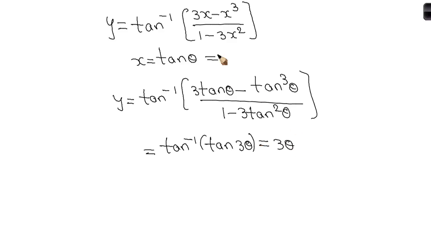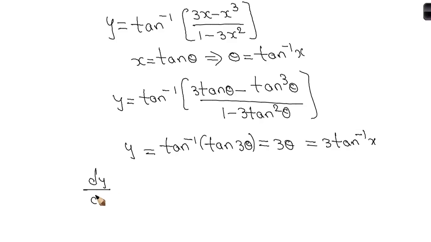It implies theta is tan inverse of x. So y is 3 tan inverse of x. Therefore, dy by dx is 3 times the derivative of tan inverse of x. That would be 3 by 1 plus x square. Excellent.